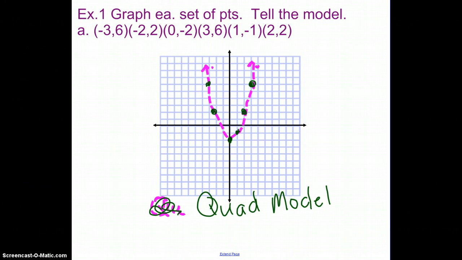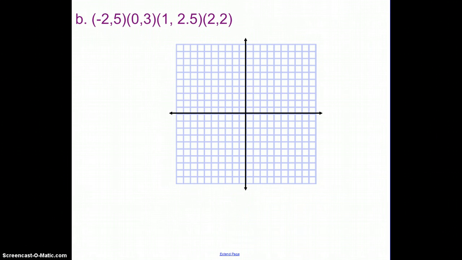Okay, let's try the next one. Same thing. We're going to go through and graph the points. So negative 2, 5. 0, 3. 1 and 2.5. And 2, 2. So first of all, if I want to draw a straight line, I'm just going to use my line tool.